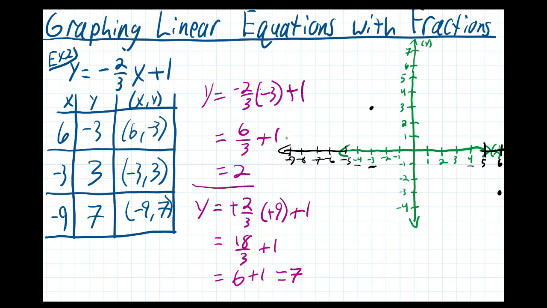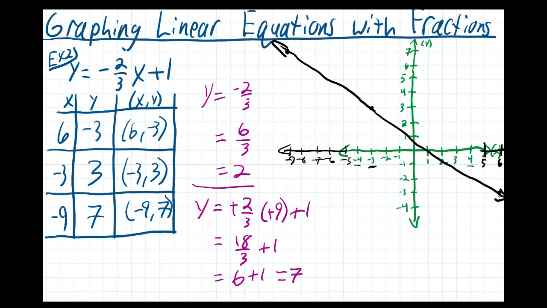So when x is equal to negative 9, going all the way out to the left to negative 9, we are now going up to positive 7. So negative 9's there, positive 7 is right there, and we are just connecting our dots. And then just draw your arrows at the end as such.